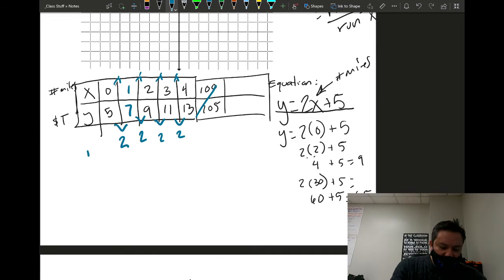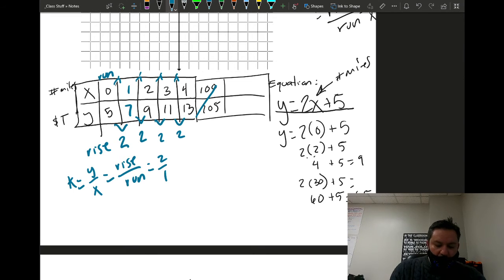So this is gonna be your rise, and this is gonna be your run, okay? So just like when we did k equals y divided by x, which is rise over run, so it's gonna be 2 over 1.